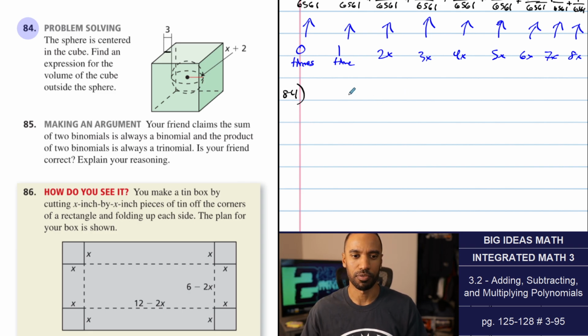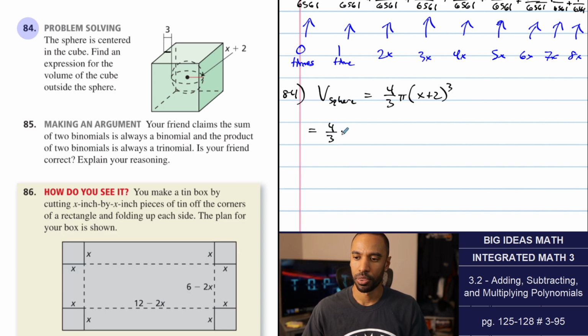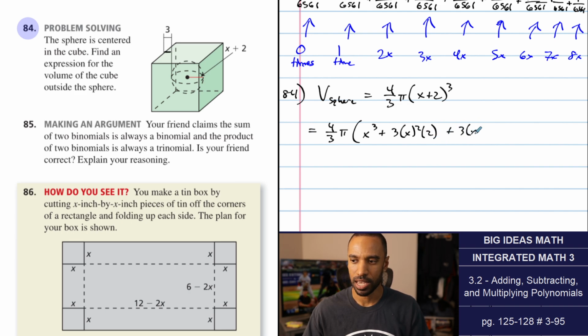Let's talk about the sphere first. The volume of the sphere, the radius is x plus 2. So that's 4/3 pi r cubed, which is going to be 4/3 pi times x cubed plus, now we've got to do 3 times x squared times 2 plus 3 times x times 2 squared plus 2 cubed.